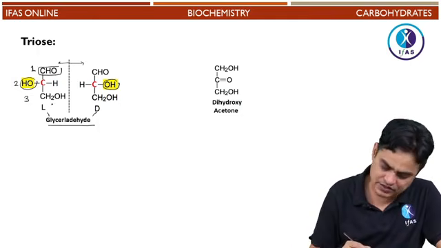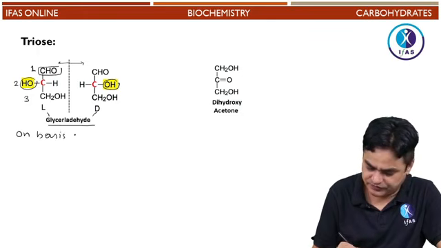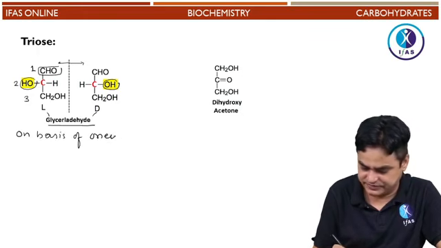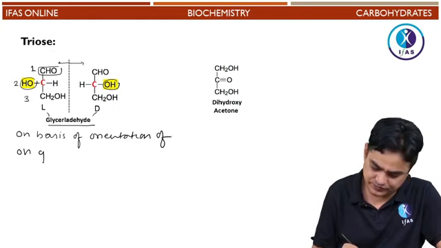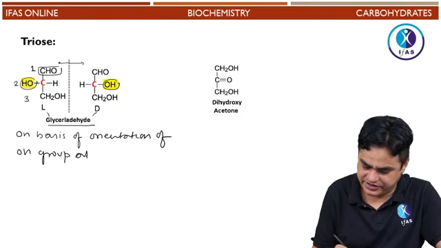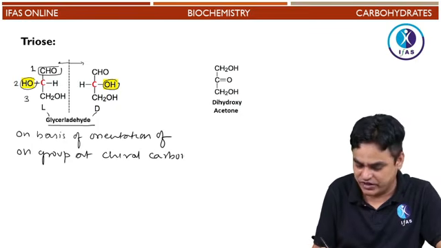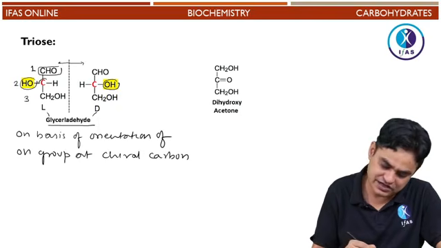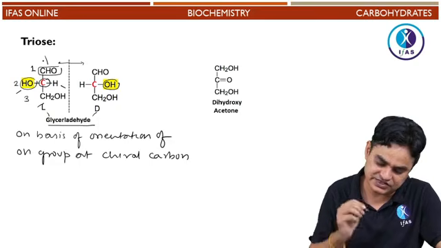So on the basis of orientation of the OH group at the chiral carbon. A chiral carbon is a carbon where all the groups attached are different. So this is the chiral carbon because you have OH on one side, H on another side, CH2OH on another side, and CHO on another side.